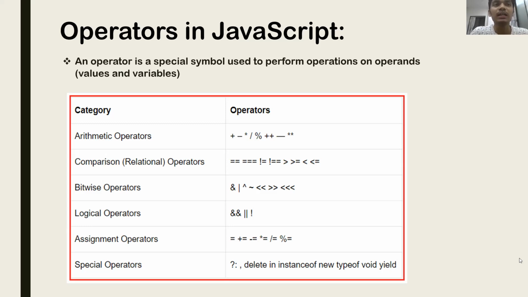Then assignment operators, which are equal to, plus equal to, minus equal to, which we will see in the next slide. And there are various special operators like the ternary operator and the typeof operator.